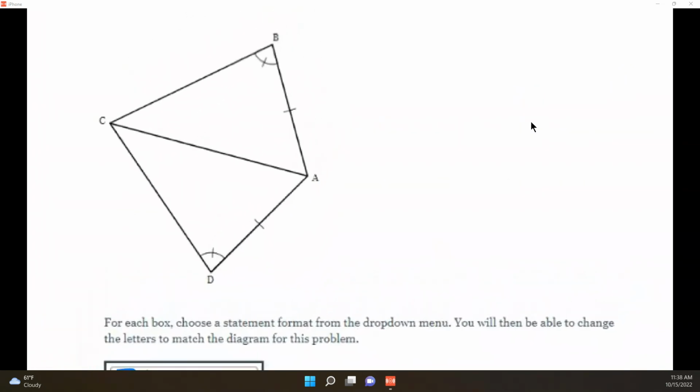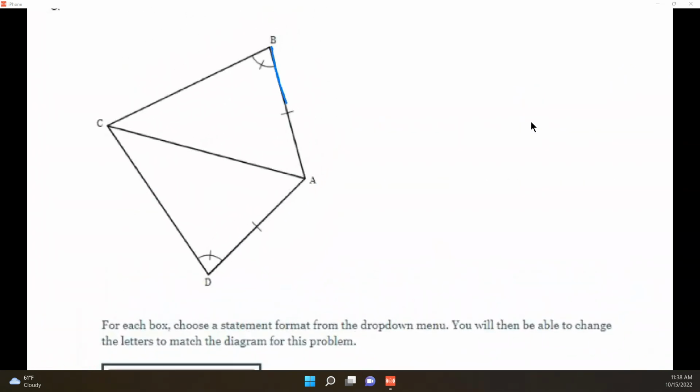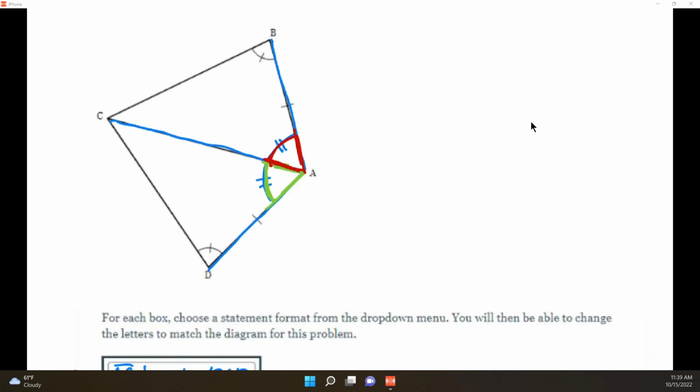Now, talking about angle bisectors, this is angle BAD right here. This is the large angle, and it is being cut by this line right here, AC. So it's creating two smaller angles. This is the big angle. It's now been cut into two smaller ones. So these two angles, DAC, this one right here, and BAC, this one right here, are going to be congruent to each other.